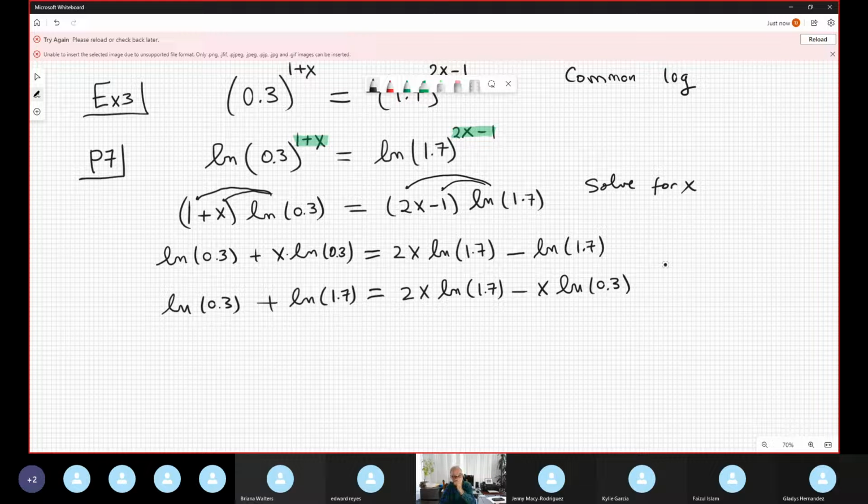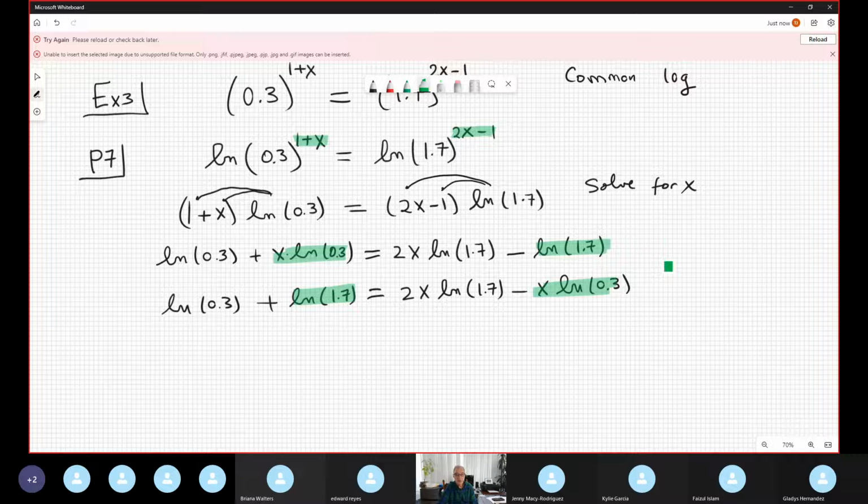The action I did was moving this guy to the left, and I'm moving this to the right, of course with the opposite sign.